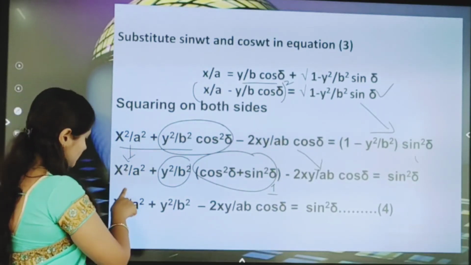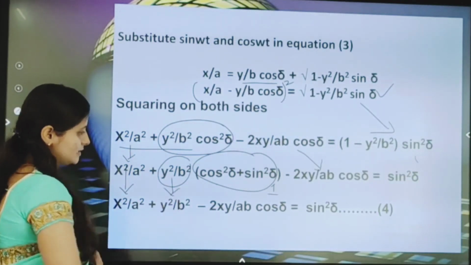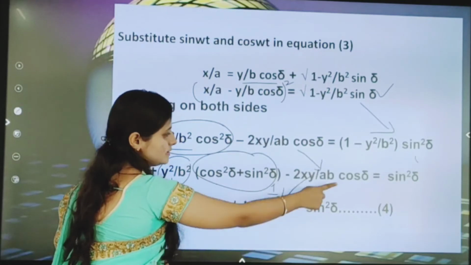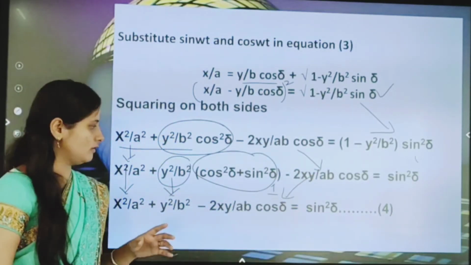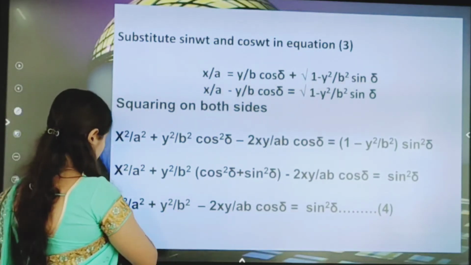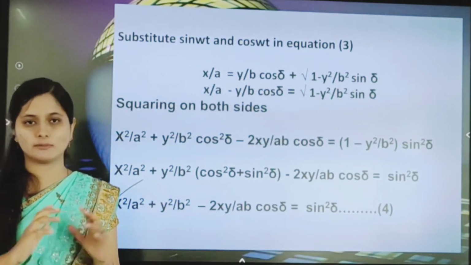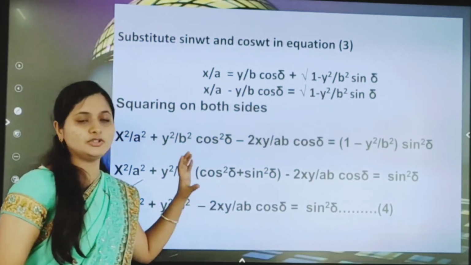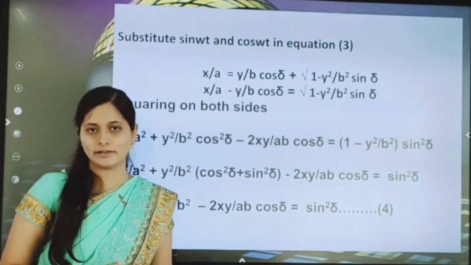Right? So we are getting this term as it is, this term as it is, remaining term as it is equal to sin square delta. So we will get here our equation number 4. So this is the main solution of this derivation.